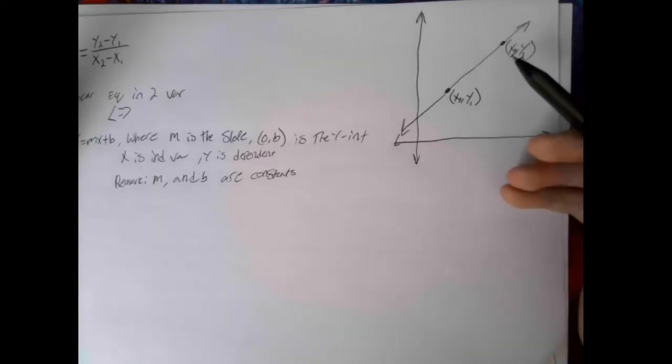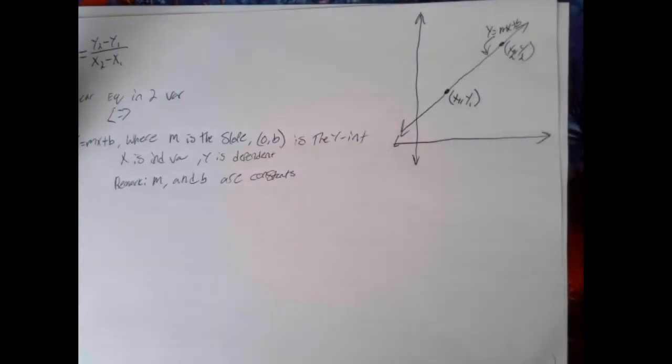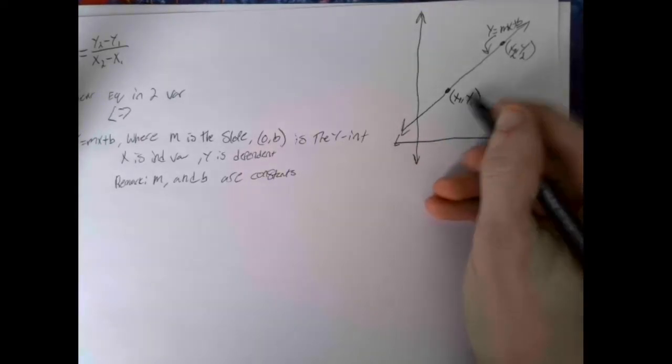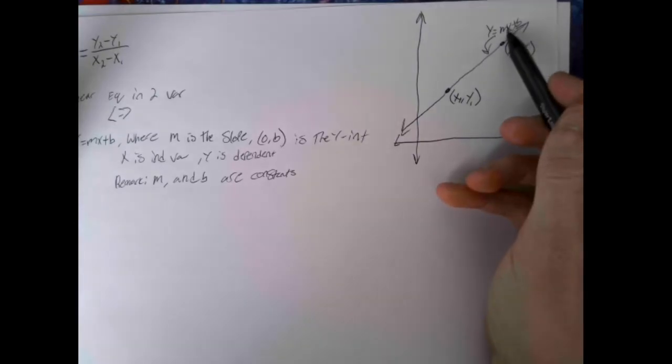So from there, if we evaluate the linear equation of this line, which we'll call y equals mx plus b, the equation of this line right here, at these 2 points, we can rewrite this equation in 2 different ways.